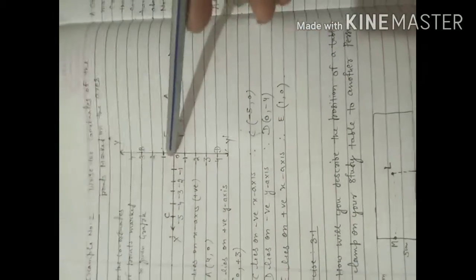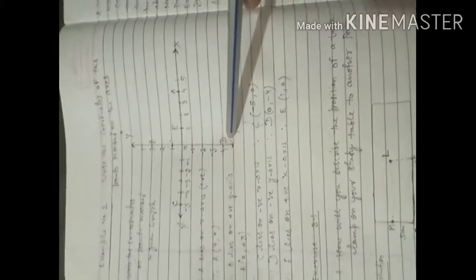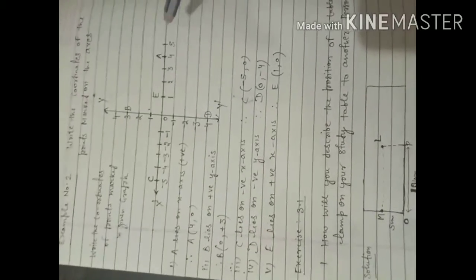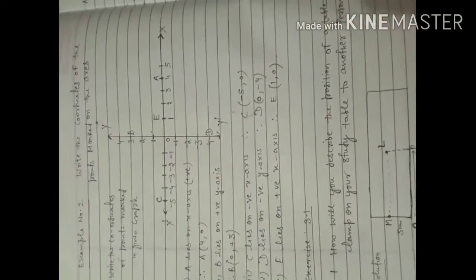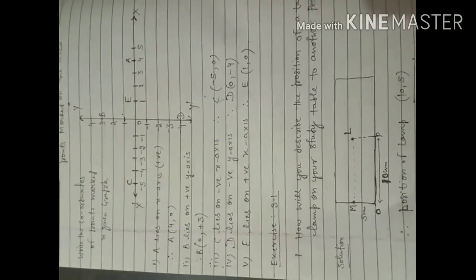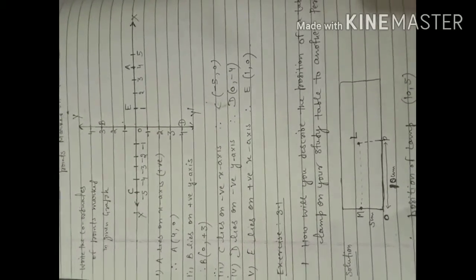Now this is our positive x-axis, this is our negative x-axis, positive y-axis, negative y-axis. These 5 points A, B, C, D and E are located on the x-axis and y-axis. We have to tell their coordinates.